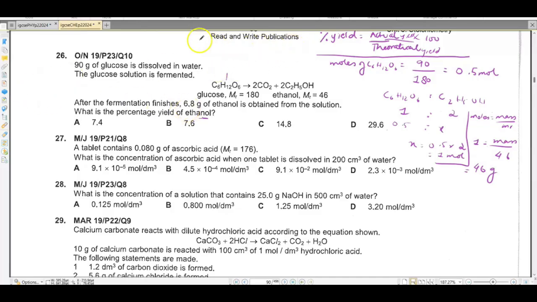So now if we put these two in the formula, the actual yield is 6.8 grams and the theoretical yield is 46 grams. Multiply by 100: 6.8 into 100 divided by 46 is 14.7%. So C is going to be our correct option.